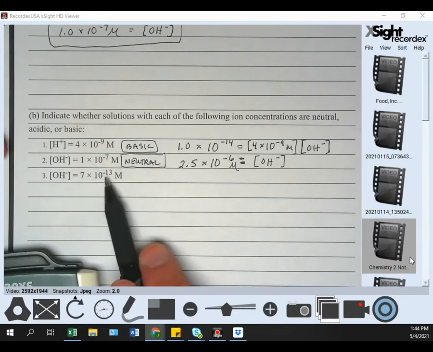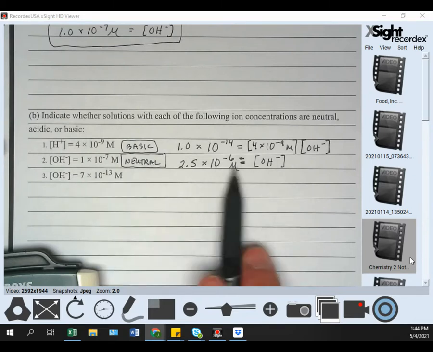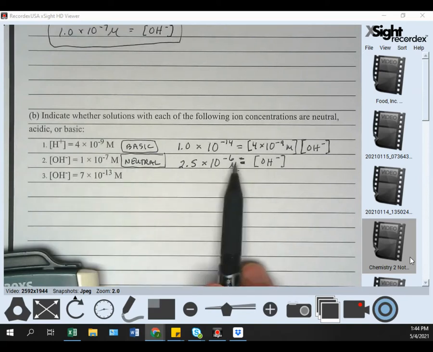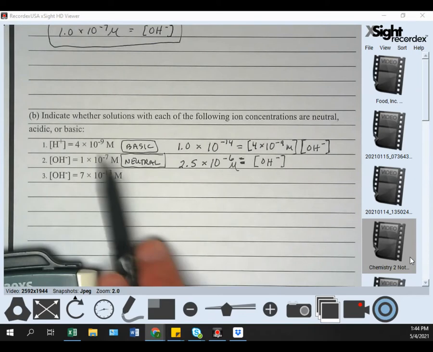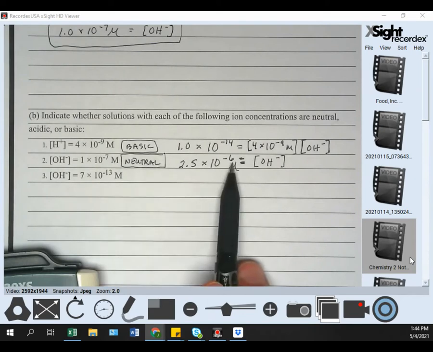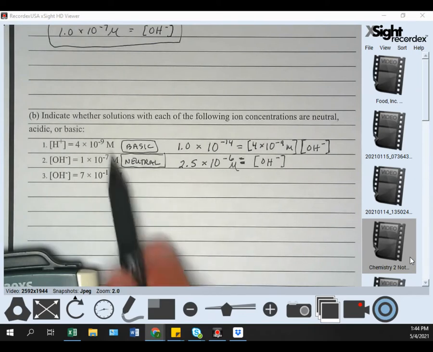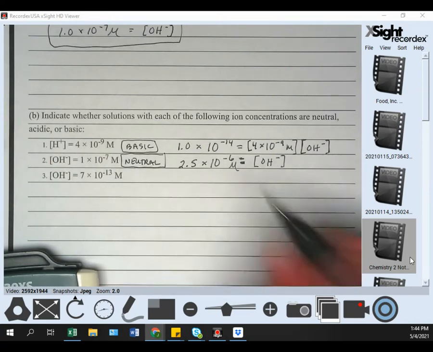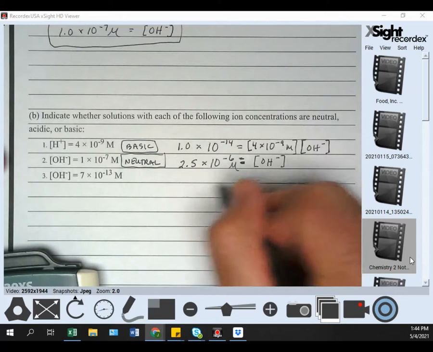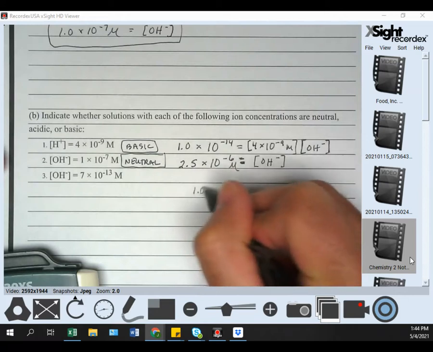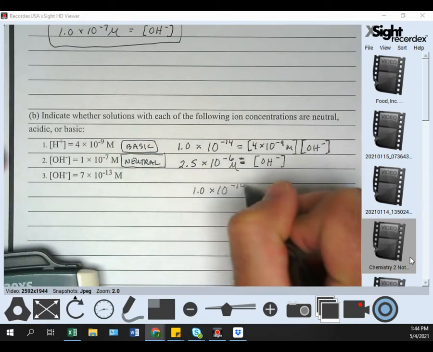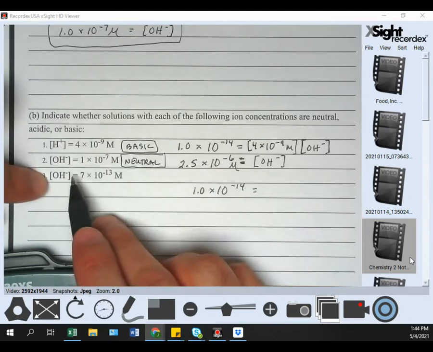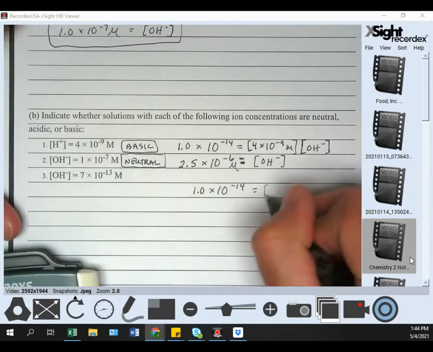If you look at the numbers in front, if it's close, you might have to do the math, but really look at the numbers, right? Like that one was smaller, this was bigger, this is smaller. I mean, you can do the math if you want, but that's what you're going to end up seeing. Make sure you know which one you're looking at, if it's hydroxide or hydrogen, right?